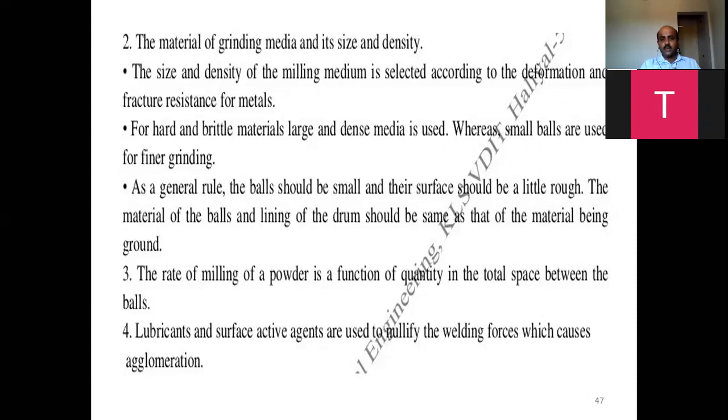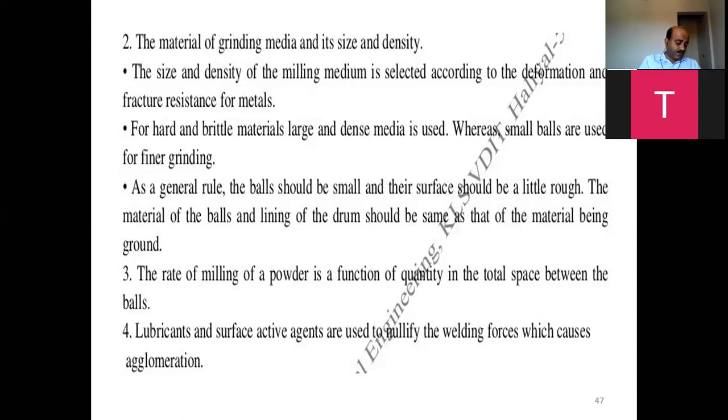That is what we generally term the rate of milling of powder, meaning how fast and how much amount of powder has been formed in how much time. Basically, this rate of milling of a powder is a function of the quantity in the total space between the balls. How much space there is between the balls is the factor for the rate of milling.